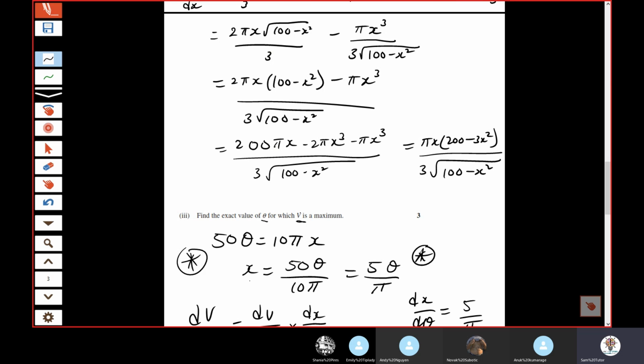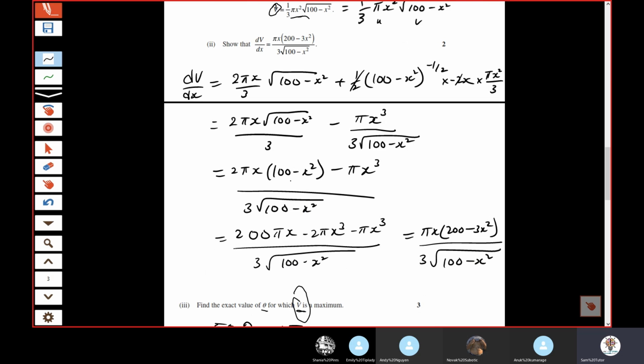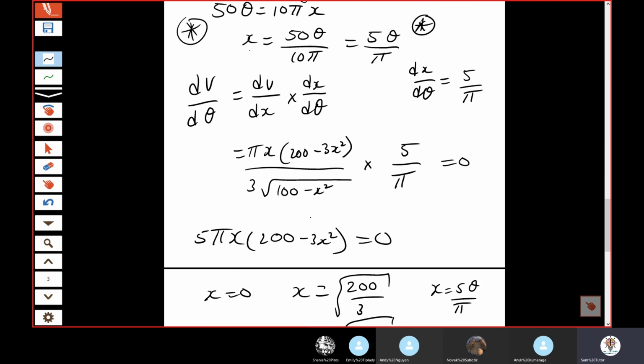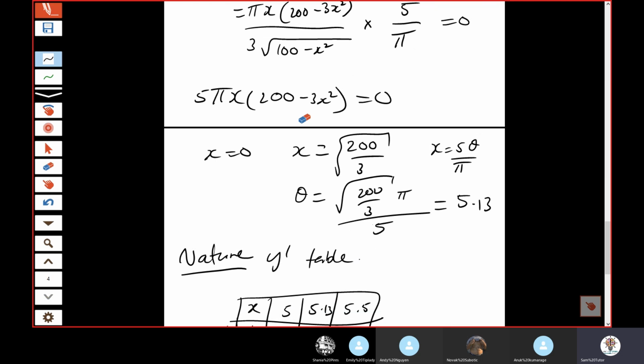But what it is, it's telling you v, not volume, v as in v, this v, which is in terms of x. So I can't actually go and find volume in terms of theta. It's not asking me to do that. It wants this volume with x to be a maximum. So the fact that I did this step would actually be wrong.